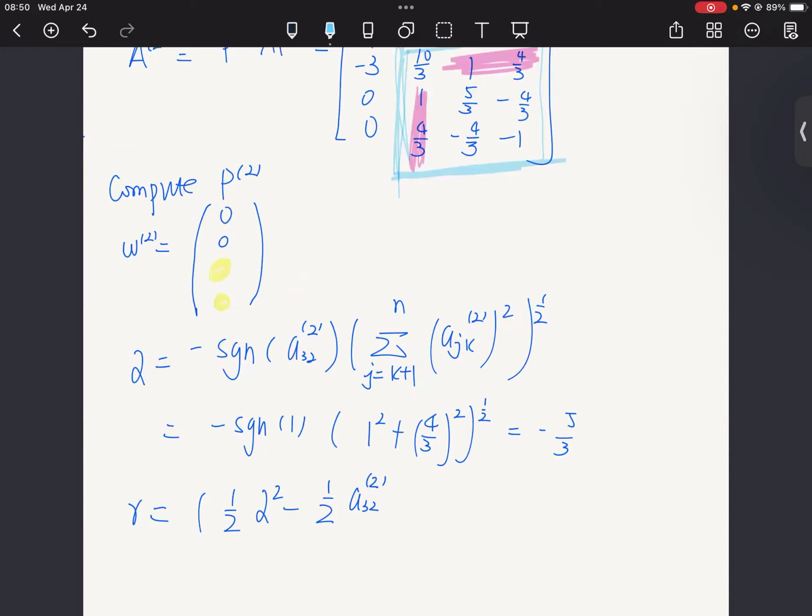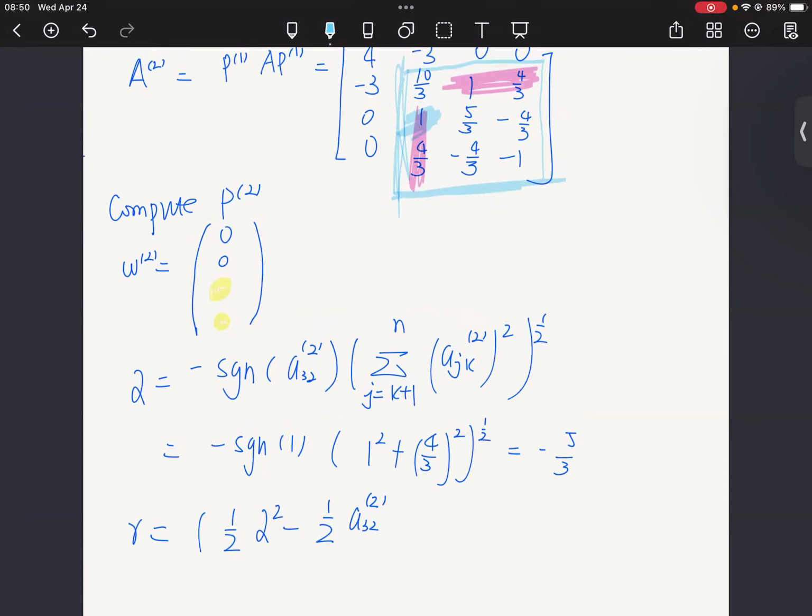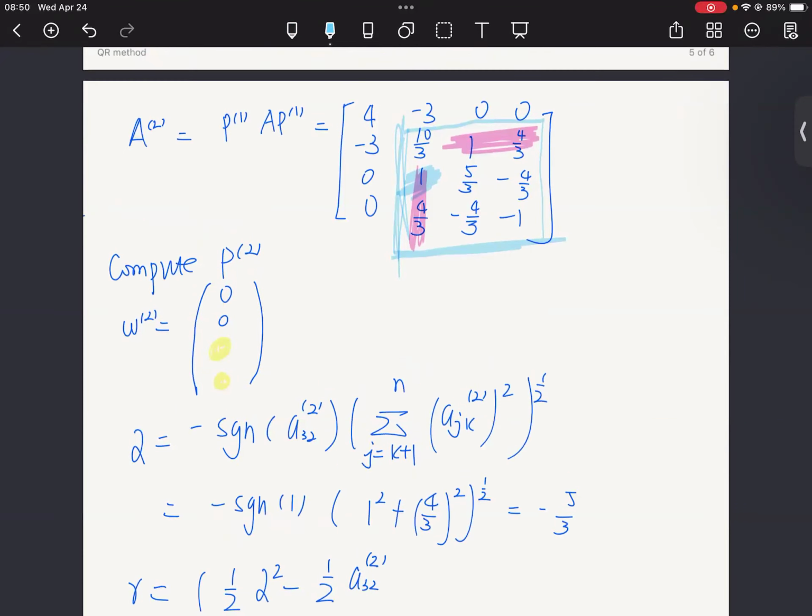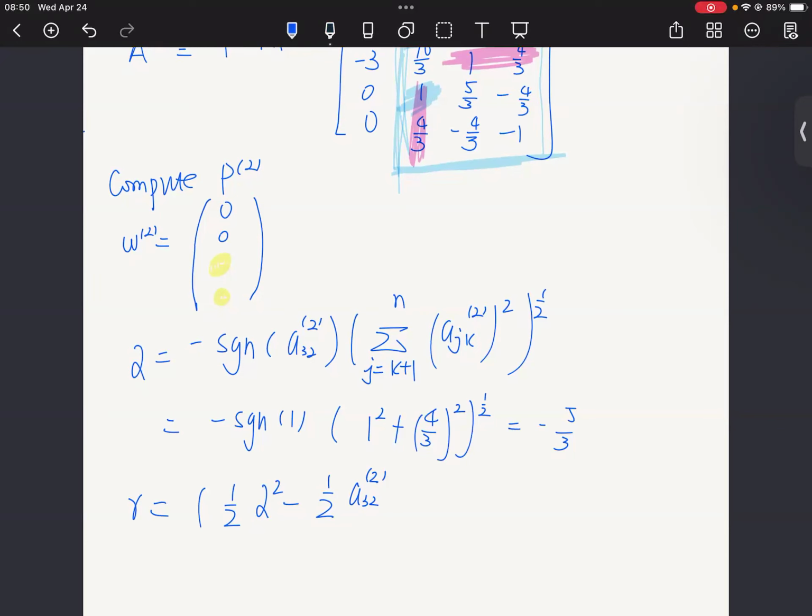You will see that is the component just below the diagonal of that submatrix. That is the A32, and alpha again, then the square root. I just plug in all the values here.